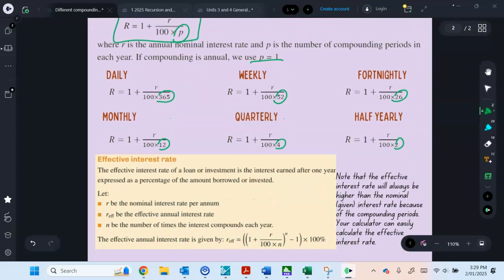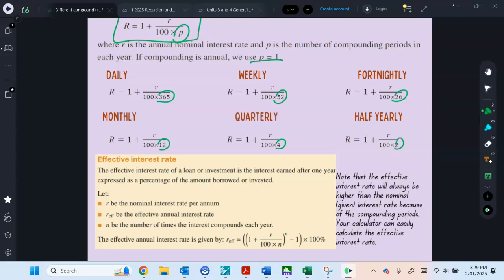We might talk about the effective interest rate. Let's talk about it briefly and then I don't know whether I'll do it in this video or a separate one. So with your effective interest rate, let's say you walked into a bank and you're like, all right, I'm going to get a home loan, and it has this big poster and it says, get a home loan with us, we charge 6% per annum.